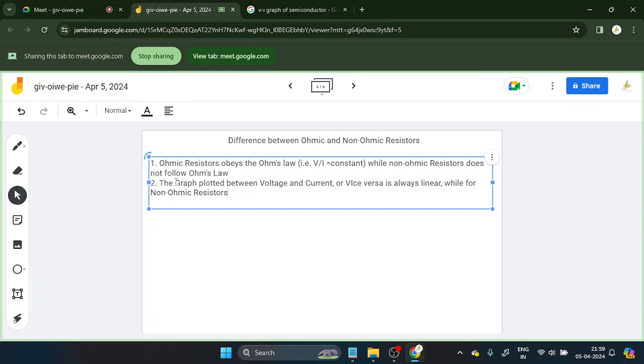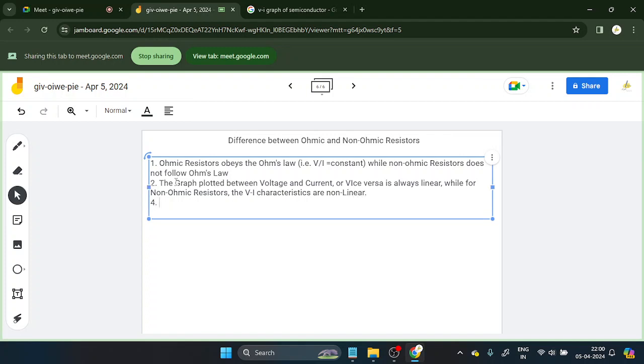Tell me. They are not linear. The VI characteristics are non-linear. Clear?